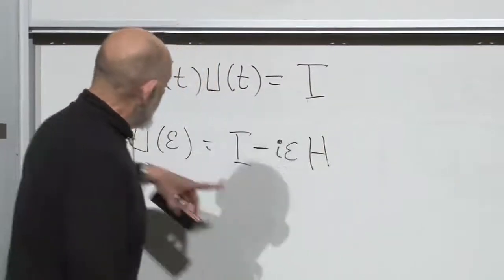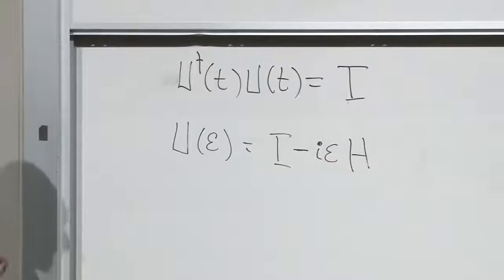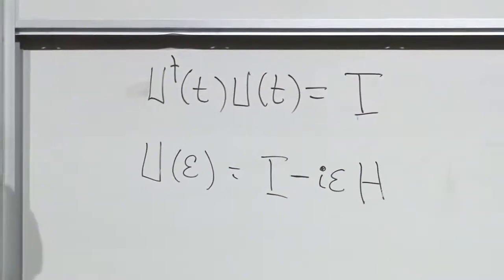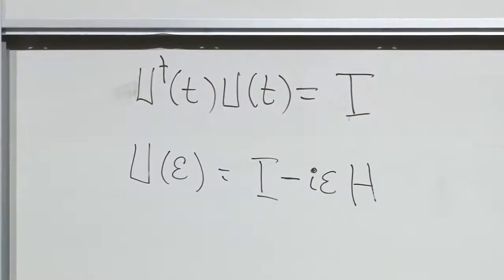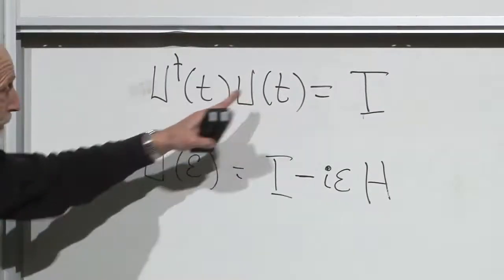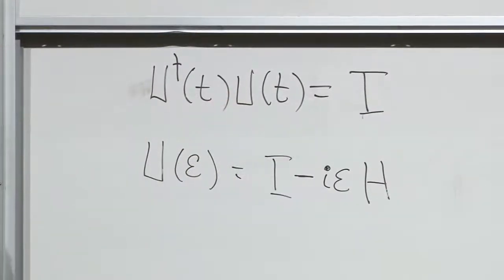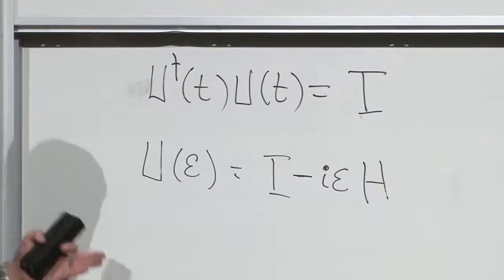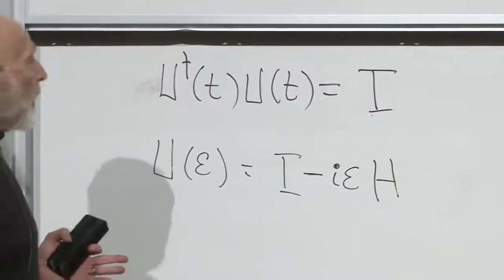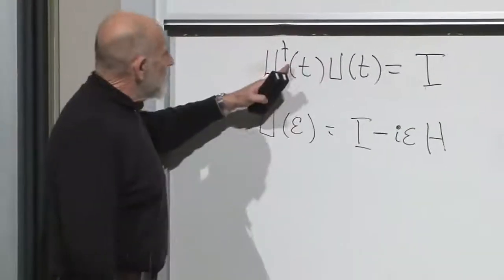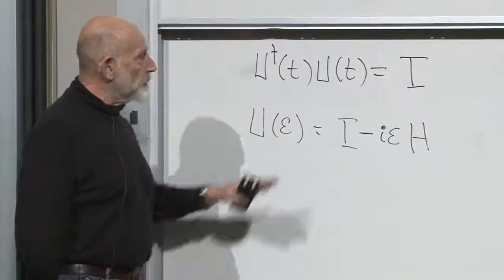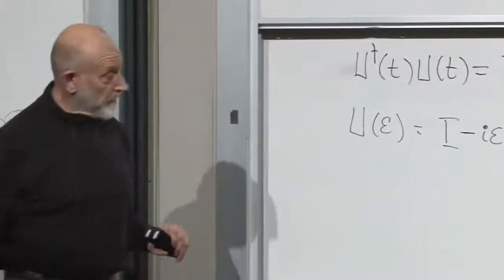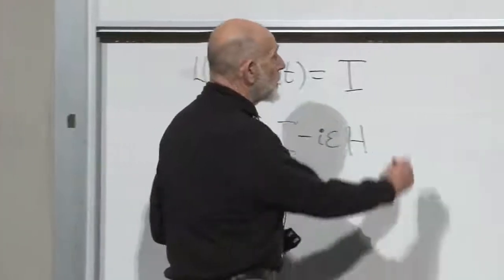And study this equation. Oh, we should give a name to this equation here. More specifically, we should give a name to operators which satisfy this rule. U dagger times U is equal to 1, or, as was said, that U dagger, the Hermitian conjugate of U, is the inverse of U. Such operators are called unitary.